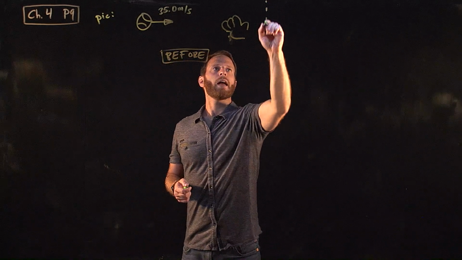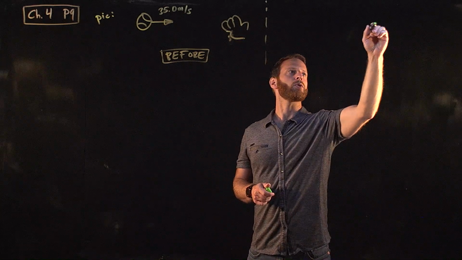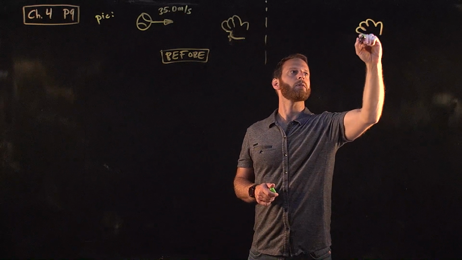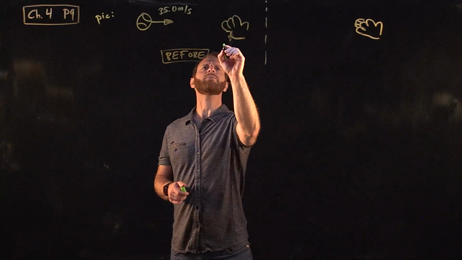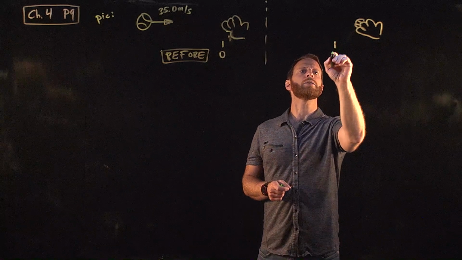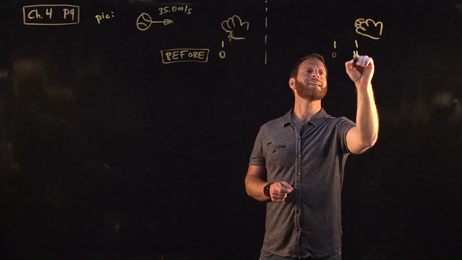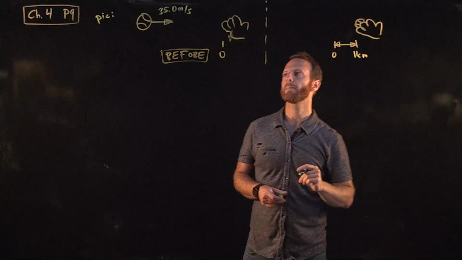Okay. Afterwards, the ball has made contact, the mitt has moved back a little bit, and so let's draw that together. Ball and mitt together. Initially started at 0, but the mitt has moved back a certain distance from 0 to 11 centimeters. Okay, that is the displacement.